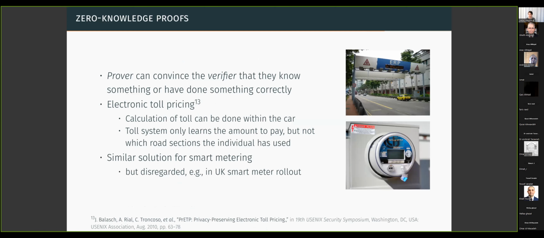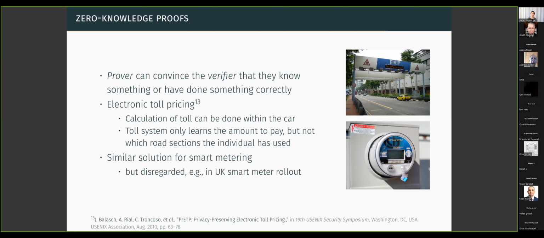So another thing that might be relevant in a smart city is if users of the city could convince the system that they did something correctly. So, for example, if you want to take tolls for road usage, then you might have, as in the picture on the top, these toll gates like in Singapore, which basically record which car drives under them and when, and then on the server side, they can calculate the tolls.